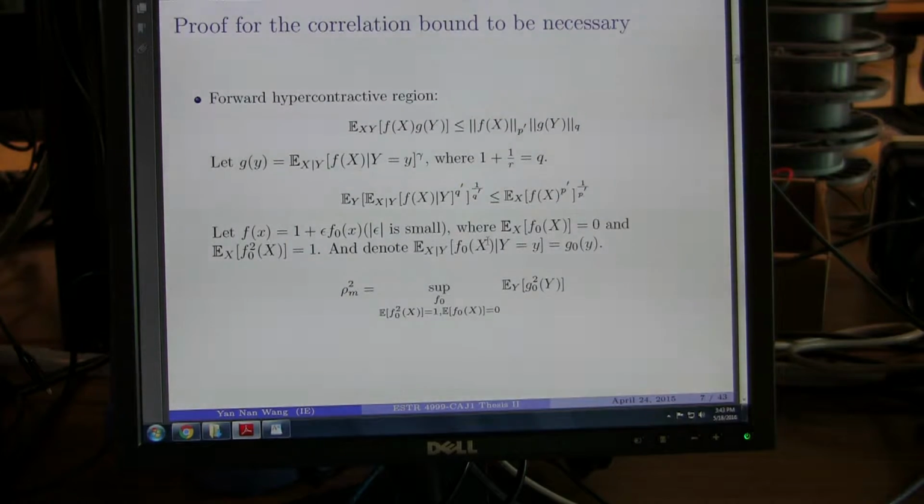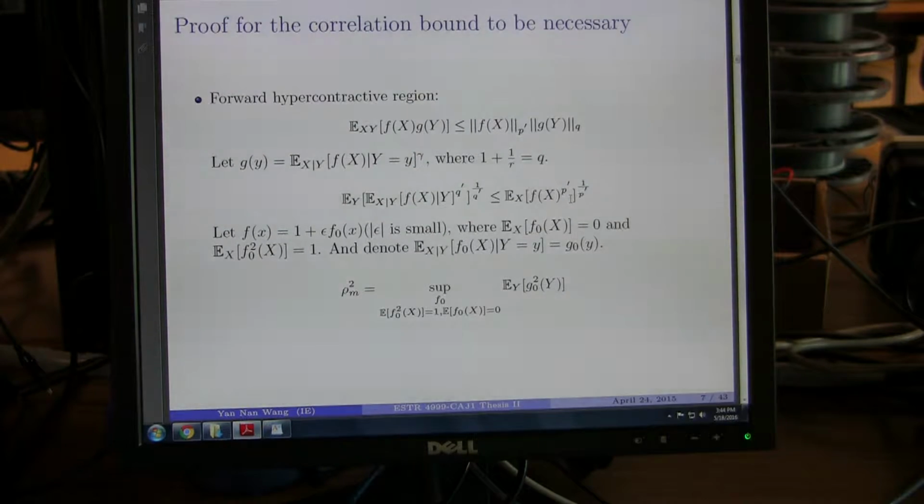Here is a proof for the correlation bound to be necessary for the hypercontractive region. Take the forward hypercontractive region, for example. The definition is like this. Then we will take g(y) to be this special function, and so this inequality will be transformed to this form.